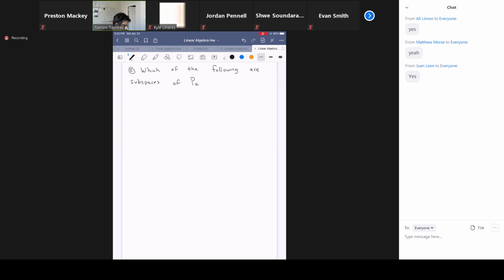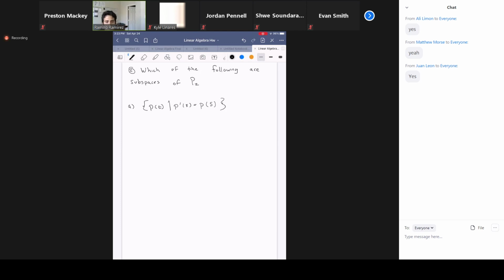Okay, so basically here we have the first one, A. The set of all P of T such that the derivative at 8 is equal to P at 5, like this.